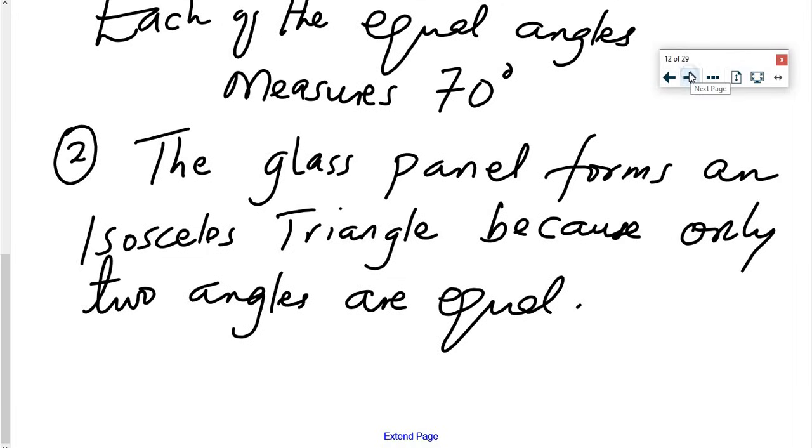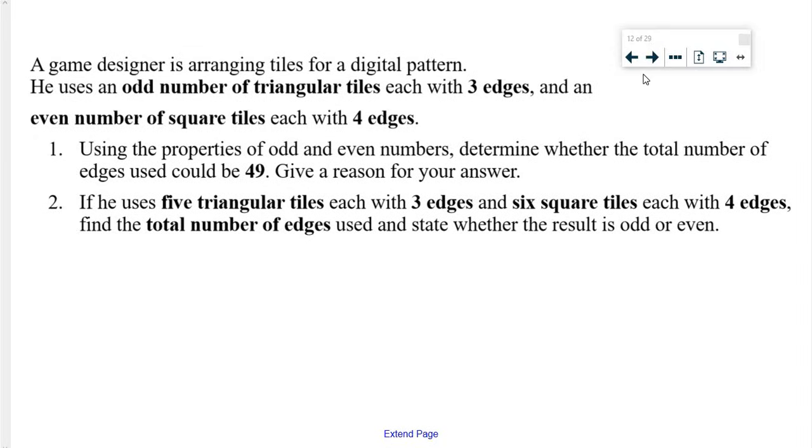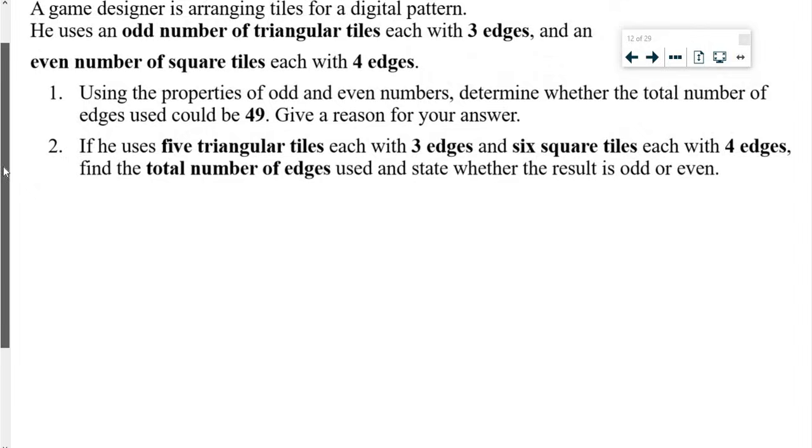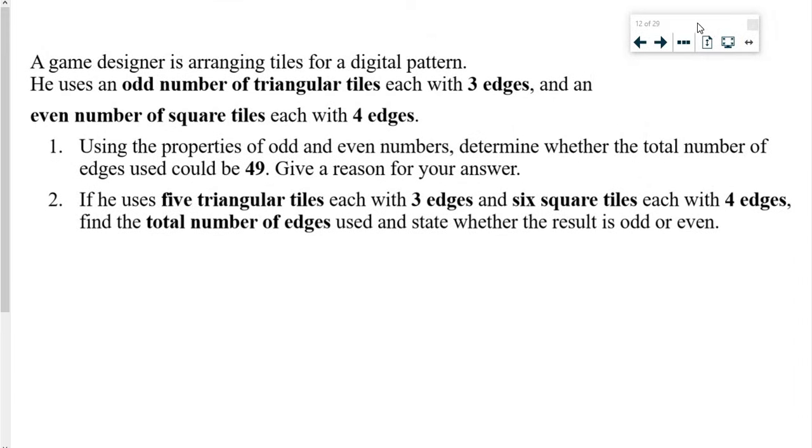Now the next question. A game designer is arranging tiles for a digital pattern. He uses an odd number of triangular tiles, each with 3 edges, and an even number of square tiles, each with 4 edges.